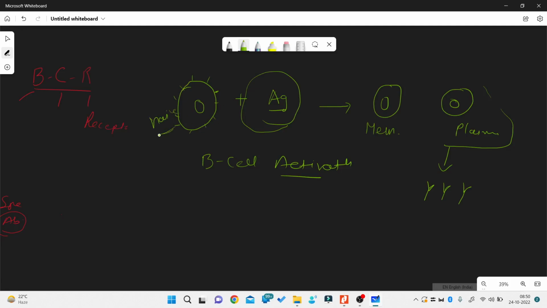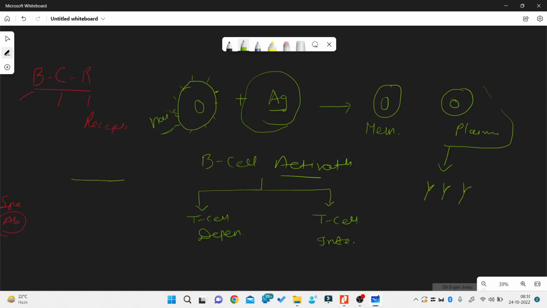So this binding is the first step of B cell activation, and if we see the whole mechanism, there are two types of B cell activation. One is called T cell dependent, and another is known as T cell independent.